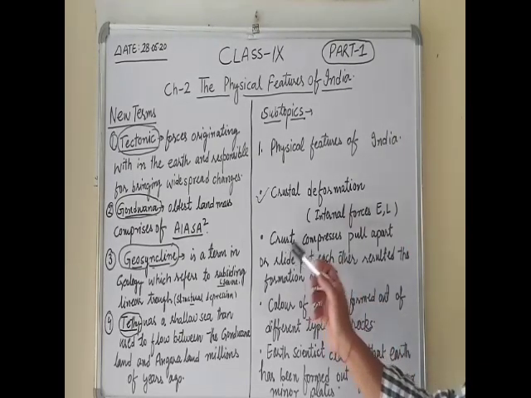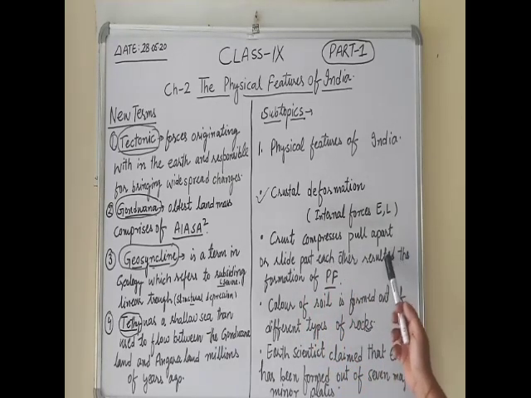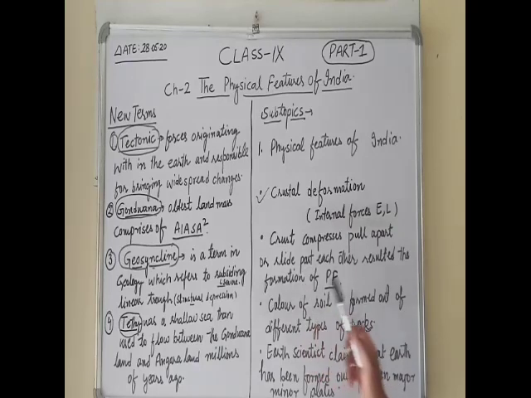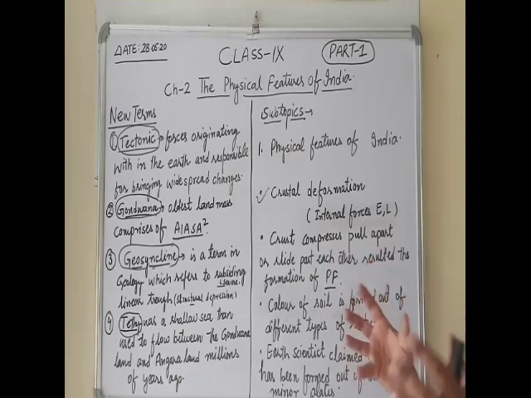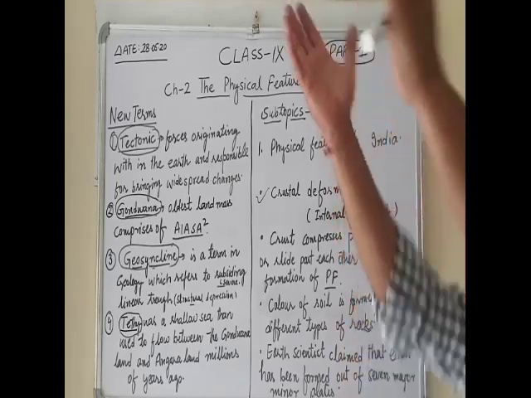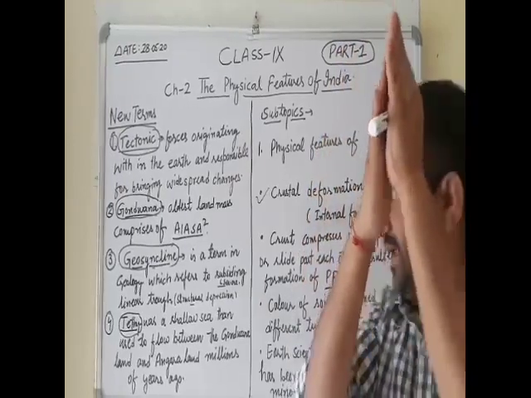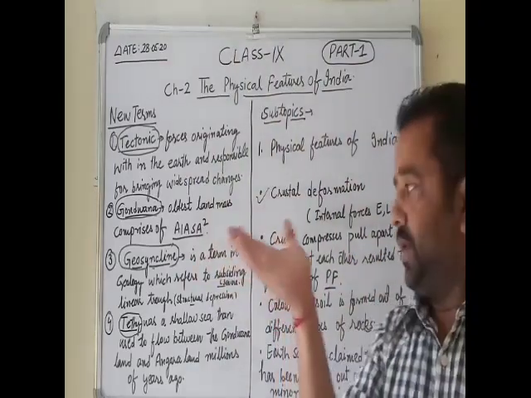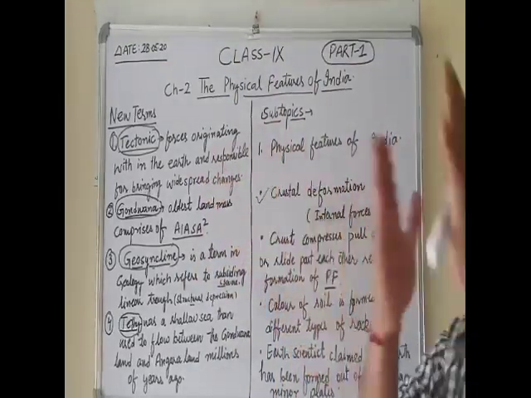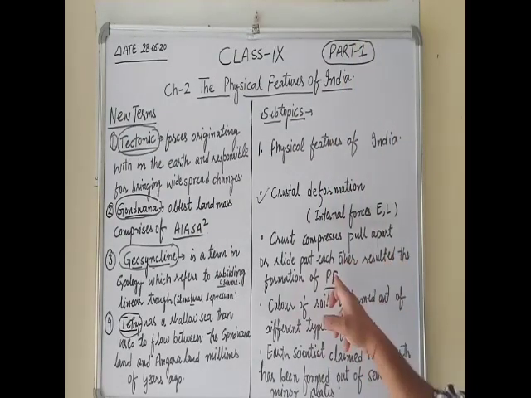When the crust compresses, pulls apart or slides past each other, it results in the formation of physical features. So when the crust compresses, pulls apart, and slides past, it is like when we rub our hands like this. Pulling apart means separating from each other, like this and like this. Clear. Then this results in the formation of physical features.